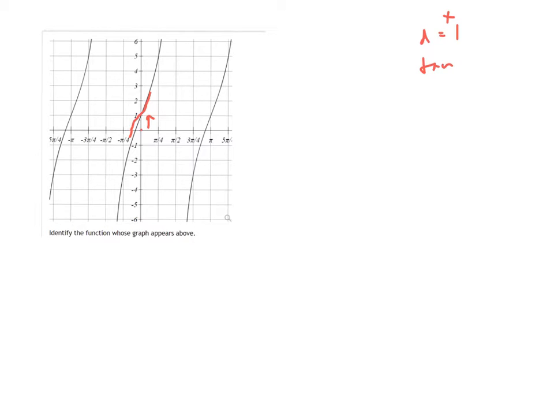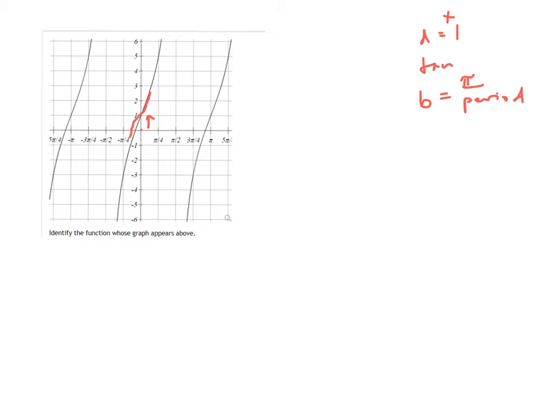The next thing I'm going to do is see, has it been shifted along the x-axis? No, because it crosses at the origin just up 1, so there is no C here at all. The next thing I'm going to do is look for B, and I know that B in tangent is equal to pi over the period.